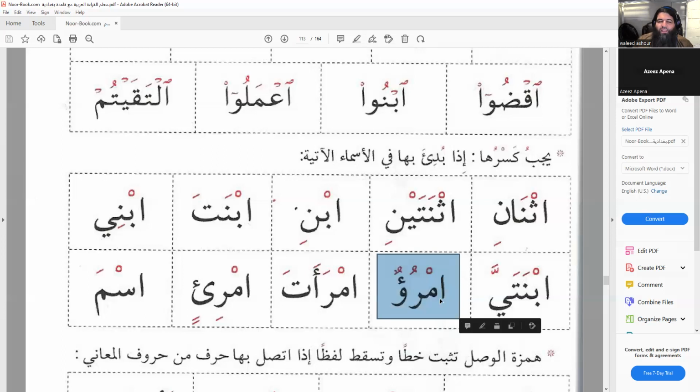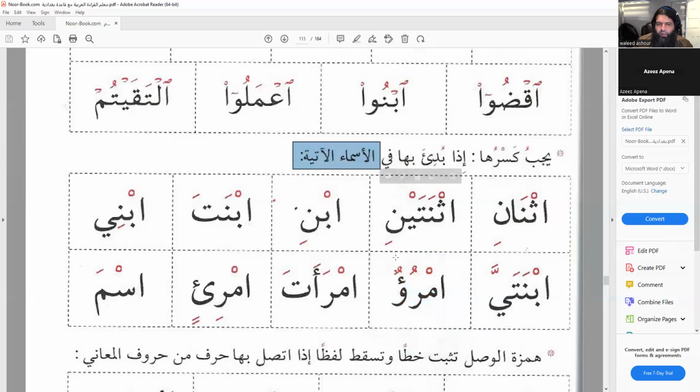The truth is this is imru'un. And why? There isn't a reason why. It's imru'un. That's basically the rule. It says in the case of any of these words, it's going to be e. But I want to give you a rule that you can follow, and the likelihood of coming across this word in the Quran and pronouncing it as it should be pronounced is very low.